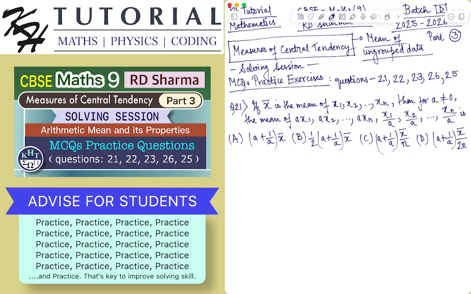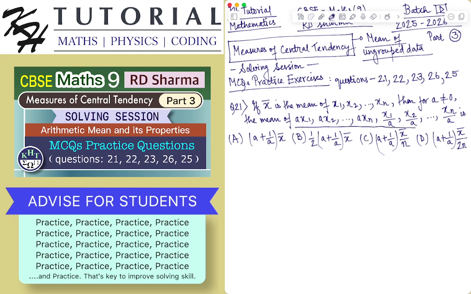Now to find the mean of some observations, the simple concept is that to find the mean of any set of observations, we need to find the sum of the values of all the observations divided by the total number of observations. Let's say we have to find the mean of these observations.